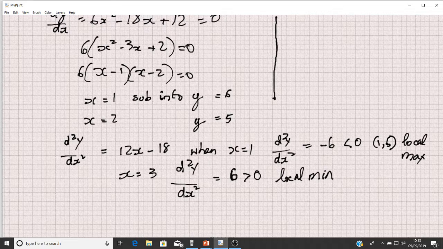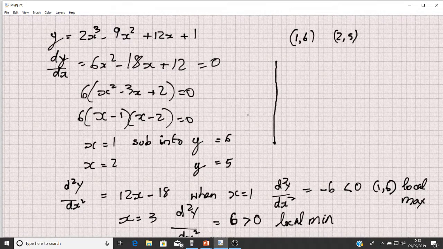I'll go back up to have a look at the critical values. We've got a y-intercept there. We have 1, 6, which is the local maximum, and 2, 5. So we could call that 1, call that 2. So we've got a curve that's going up and it's turning at 1, 6, and it is turning again.